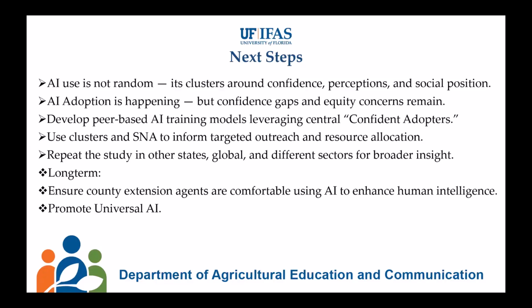And we extension agents make all the changes possible for our clientele's better behavior and better life in multiple programs. Clusters around confidence, perceptions, and social positions are also very important. Given different purposes and stakeholders, AI can help harmonize and integrate their needs.